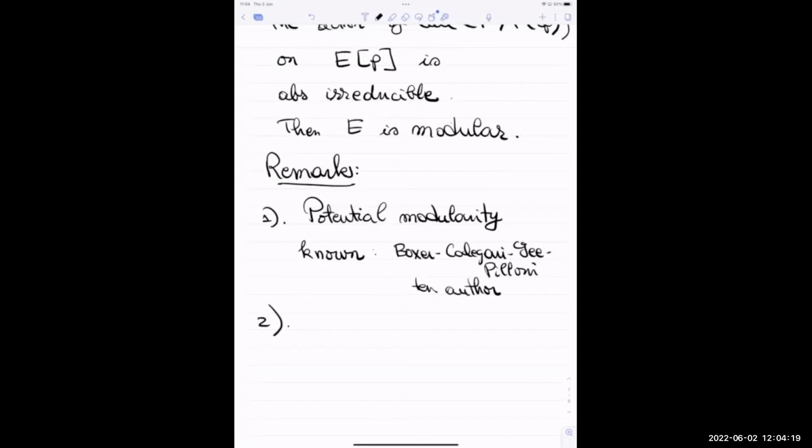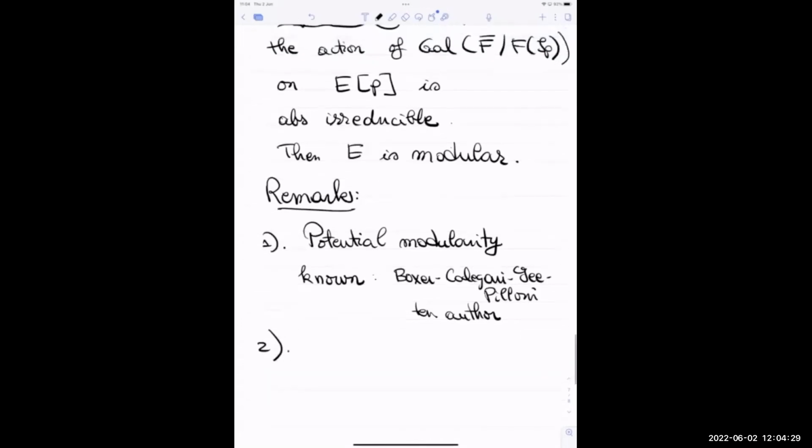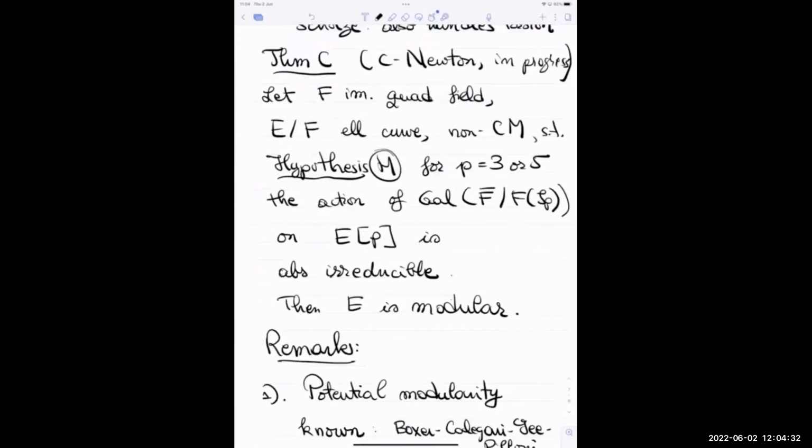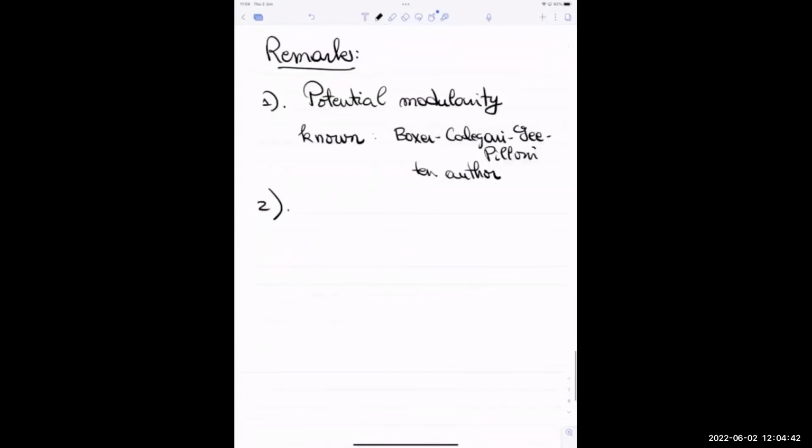The second thing is that as in Theorems A and B, one can try to understand exceptions. So maybe the first thing to say is that this hypothesis H is satisfied by 100% of elliptic curves over a fixed imaginary quadratic field.